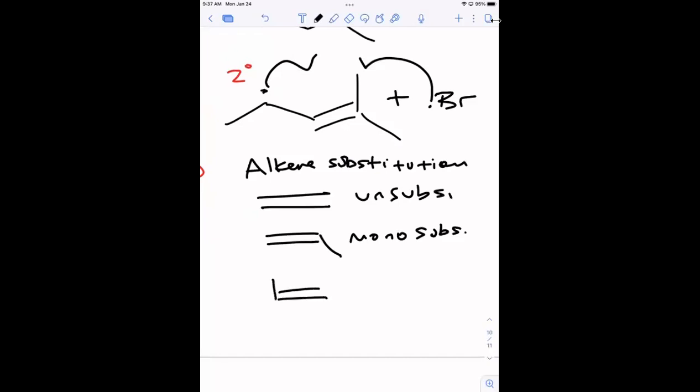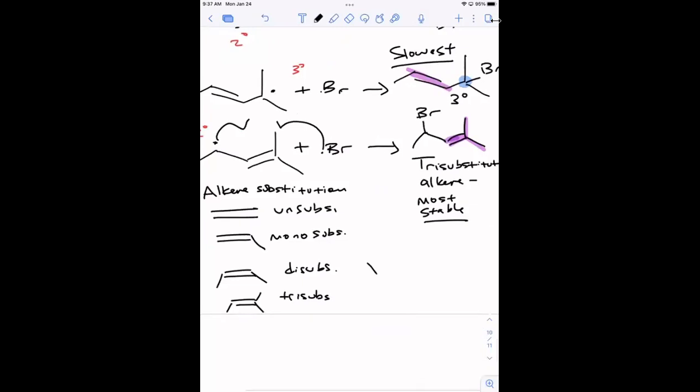This would be disubstituted. This is trisubstituted. And then this would be tetrasubstituted.